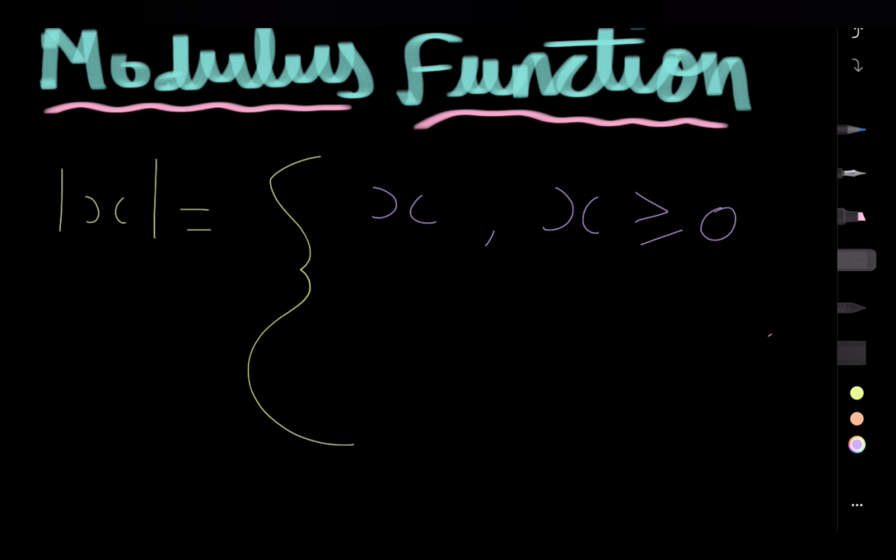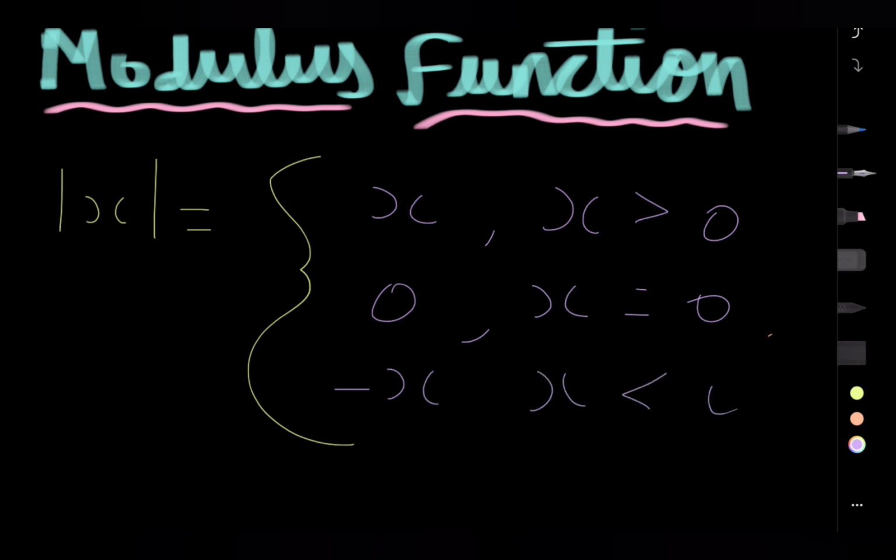We will not take equal to here. It is 0 if x is equal to 0, and minus of x if x is less than 0.